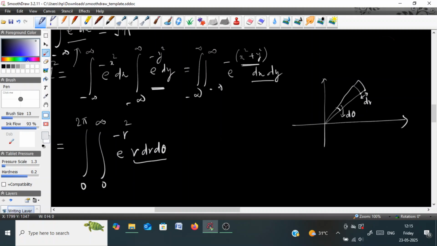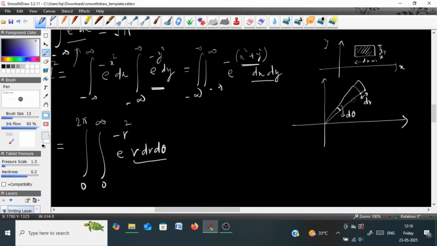Okay, and likewise in the rectangular coordinate system x and y, you have dx dy. So this is your dx and this is your dy. Okay, so dx dy basically defines the area of a small rectangle in the xy plane, where dx and dy are typically very small.